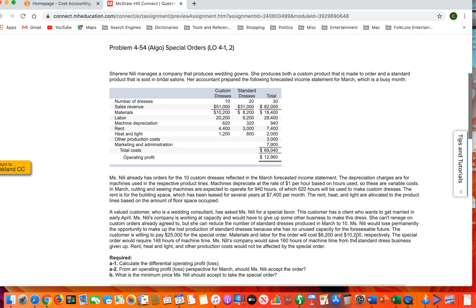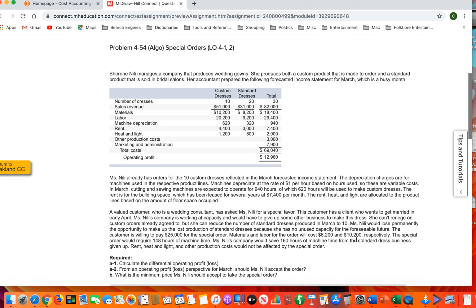Okay, you got that? So we got 6640 there. Now on the other side, if she accepts that order of the dresses to replace that, she's willing to pay $25,000. The direct labor will be $6,200.